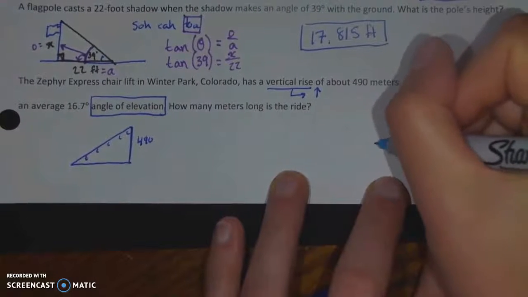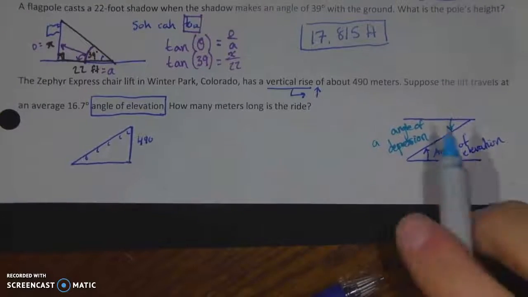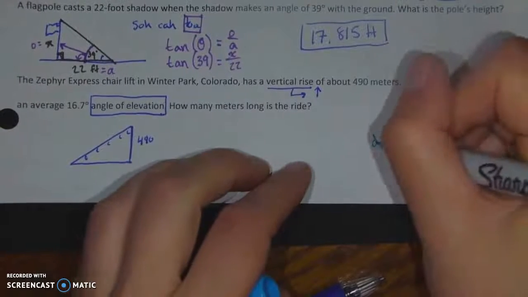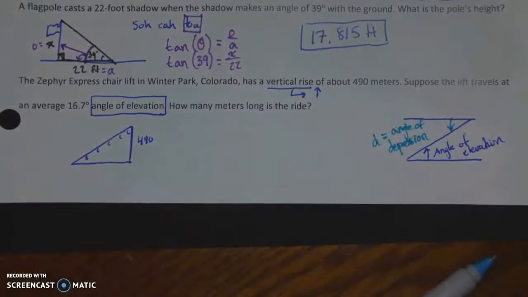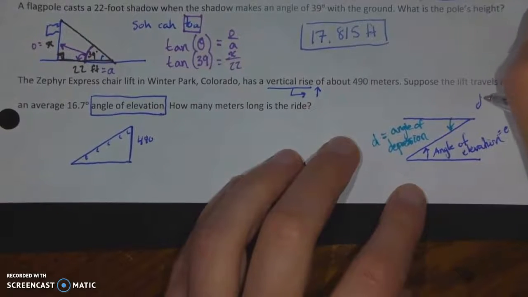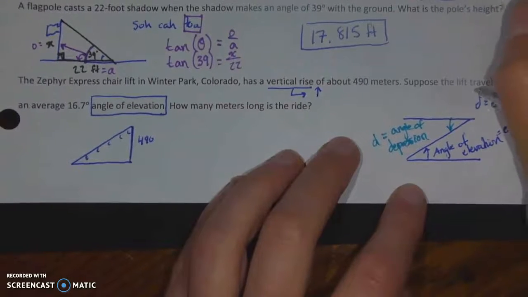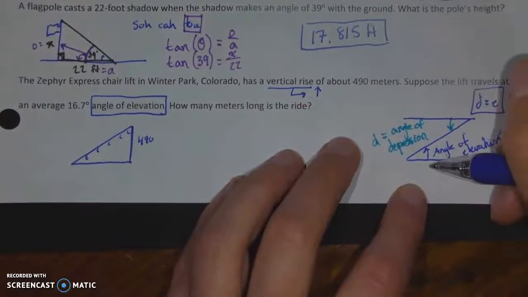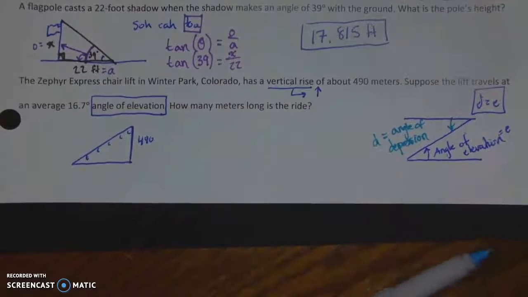So if we call this one D for depression, and this one E for elevation, those two are going to be equal to each other. D is equal to E. And you can see that it's actually one of our previous theorems. Bonus if you can tell me which one it is on your homework. But those two will then end up always being equal.